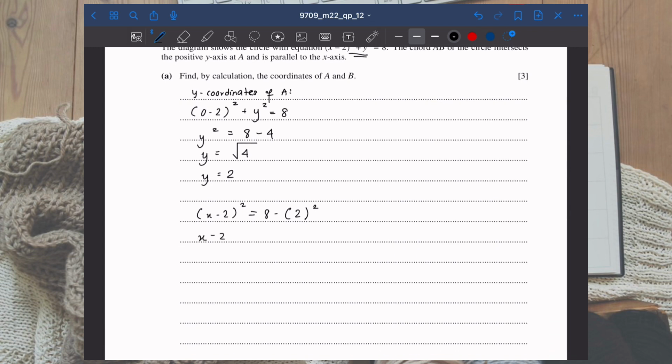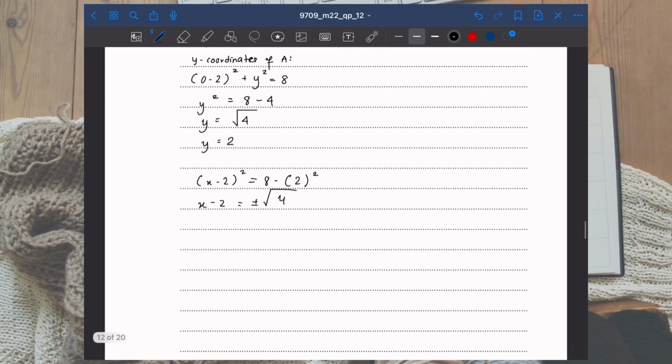So x − 2 will be the positive or negative square root of 8 − 4. 8 − 4 will be 4. So x will equal 2 + 2, or x will equal −2 + 2, which gives us x = 0 or x = 4.